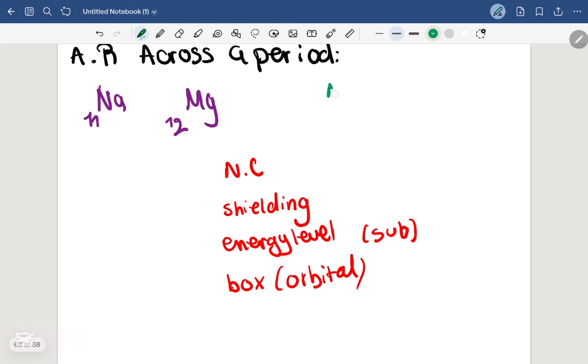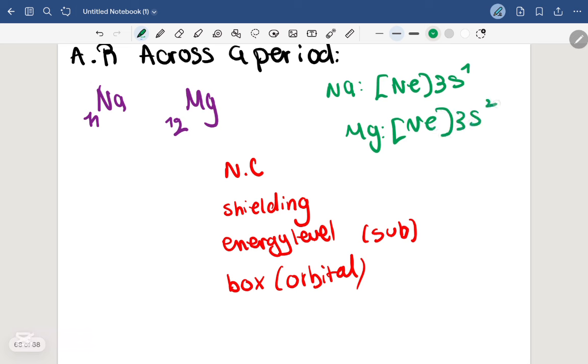Perfect. Now let us do it. First of all, sodium, we said, is neon 3s1, and magnesium is neon 3s2. So the first thing we notice is that magnesium has a higher nuclear charge than sodium. They both have the same shielding effect because they both have the same core electrons.